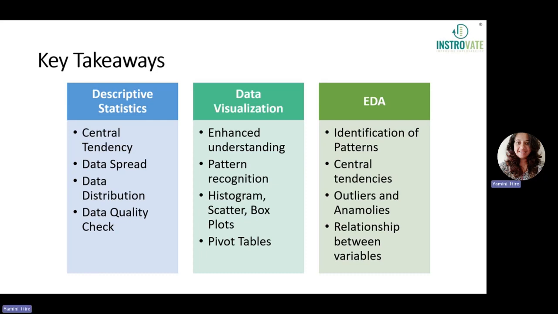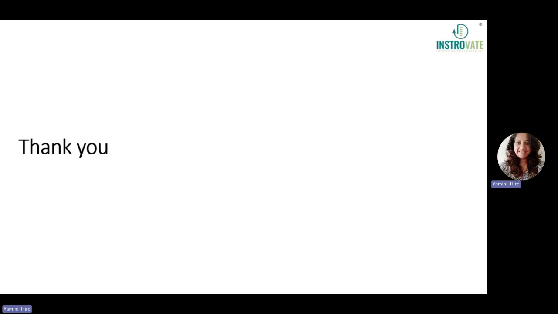And this helps in identification of patterns, outliers, anomalies, relationship between the variables, and central tendency. So that's it for the module 3. Please do a lot of practice on the module 3 to understand the concept. Try to plot the different kind of charts, understand, and try the different ways to get the pivot tables.